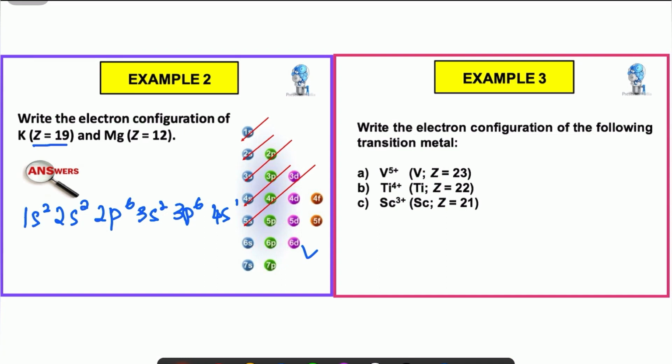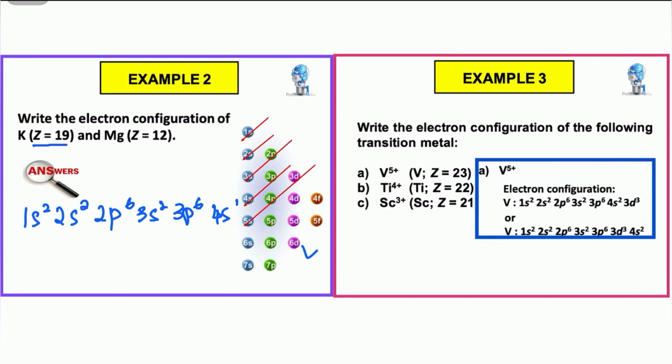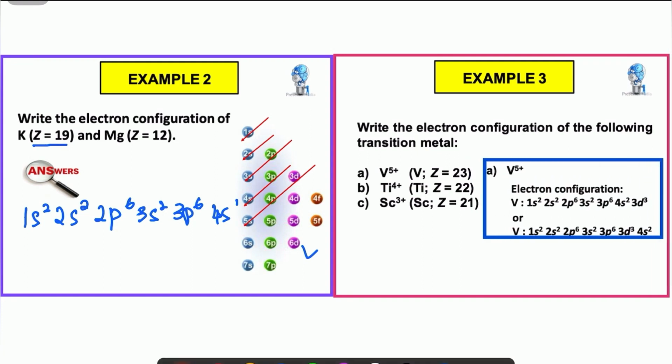Firstly, you have to write the electronic configuration for the neutral vanadium, meaning before it forms the ion. So for the vanadium, the electronic configuration is 1s2, 2s2, 2p6, 3s2, 3p6, 4s2, and 3d3. This arrangement follows the Aufbau principle.